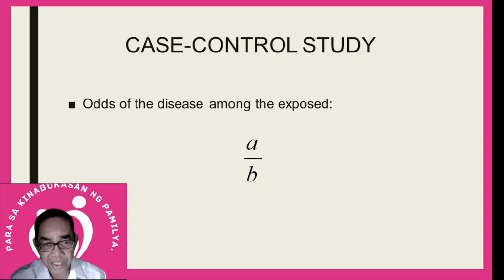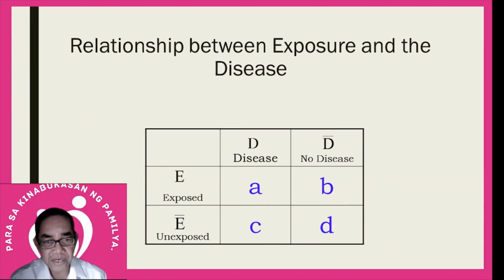Among the exposed, the A and the B are people who are exposed. So odds of the disease has this formula: people with the disease divided by people without the disease. If you look at the 2x2 table that we talked about last time, these are the people who have the disease, A, and people who don't have the disease, B, among the exposed.